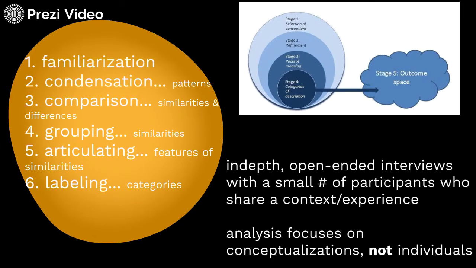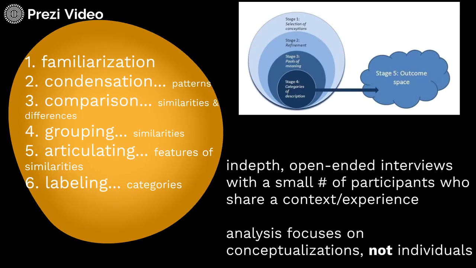In terms of the analysis, I've given you two representations really of how the process works. After the interviews are done and transcribed, we spend time familiarizing ourselves with the data, but then work towards a condensation, looking for patterns.